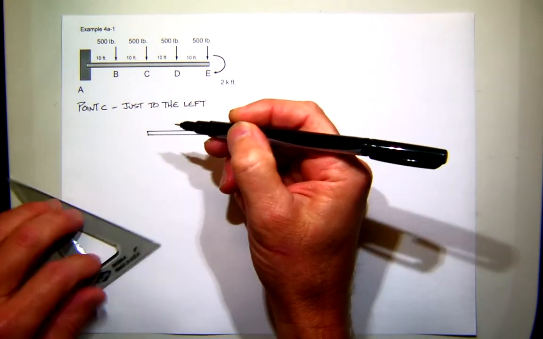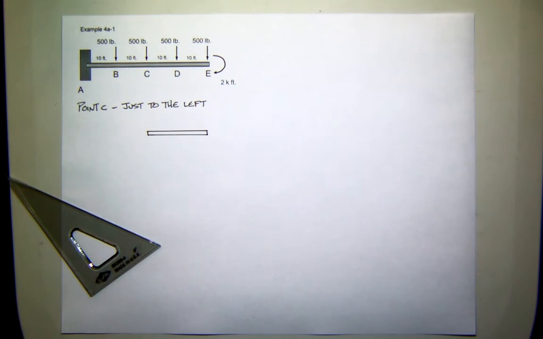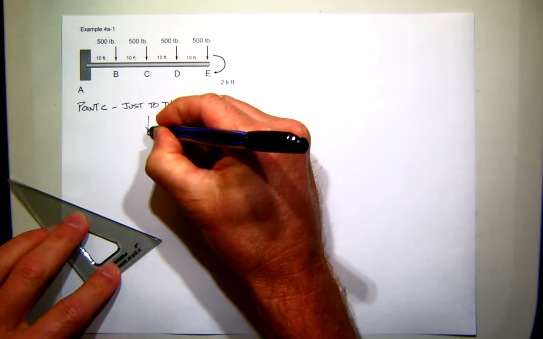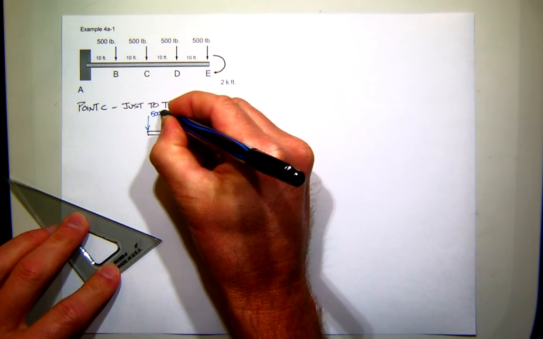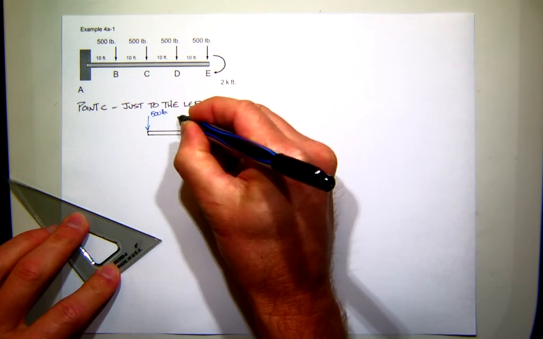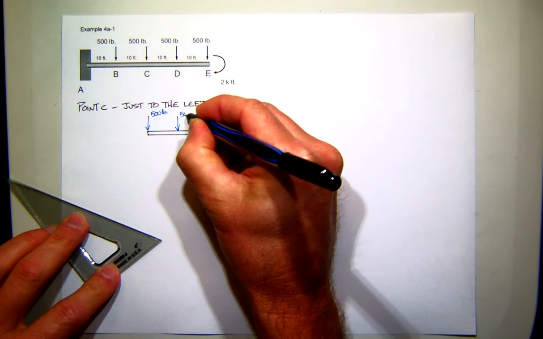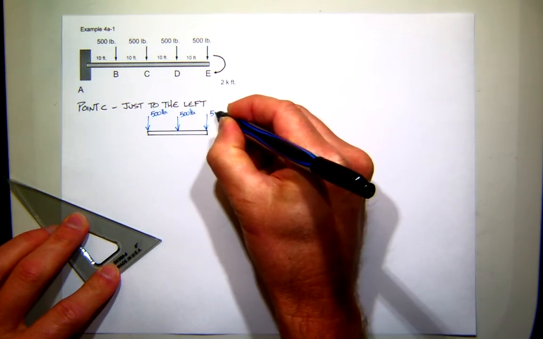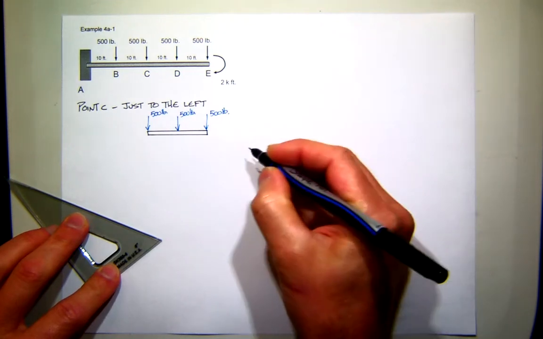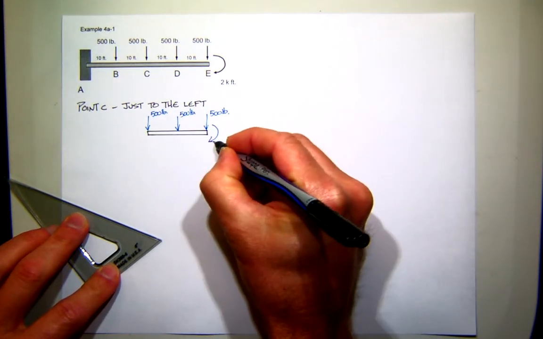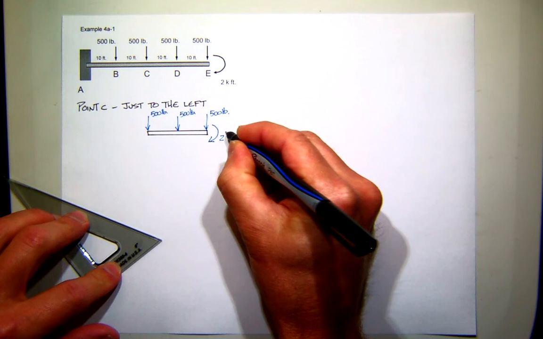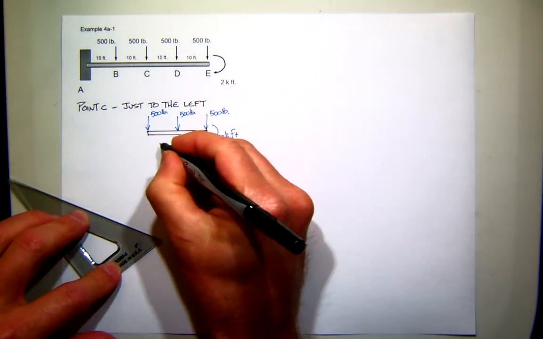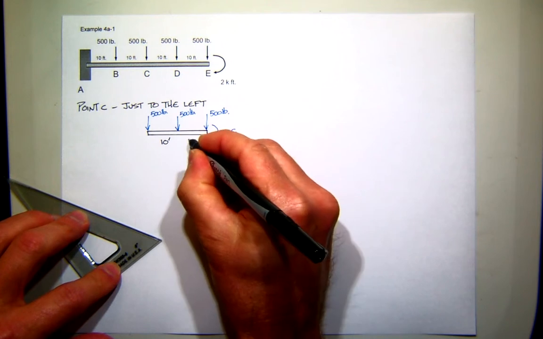There's the body. Since I'm stopping just to the left, that 500-pound force is at C. Then I have another one at about midpoint, and another one at the end. And let's not forget our applied moment out here of 2 kip-feet. And I'll just go ahead and pencil in my dimensions.